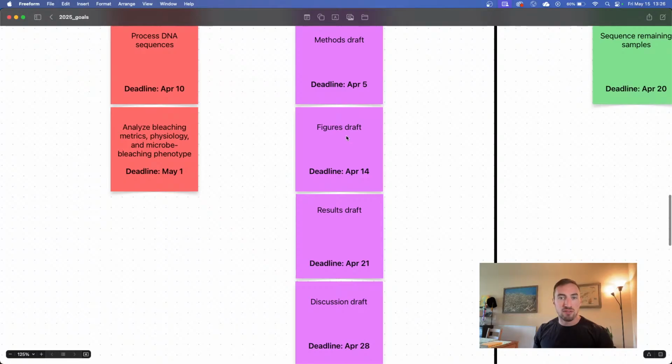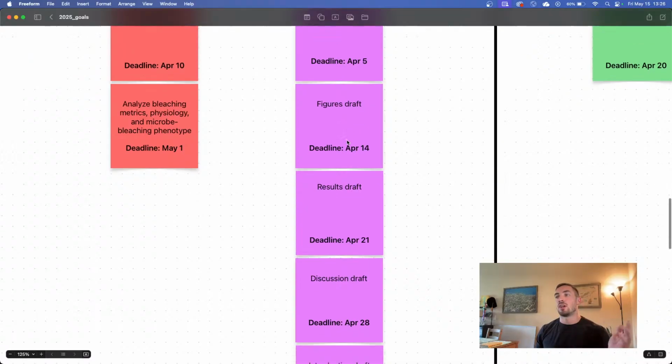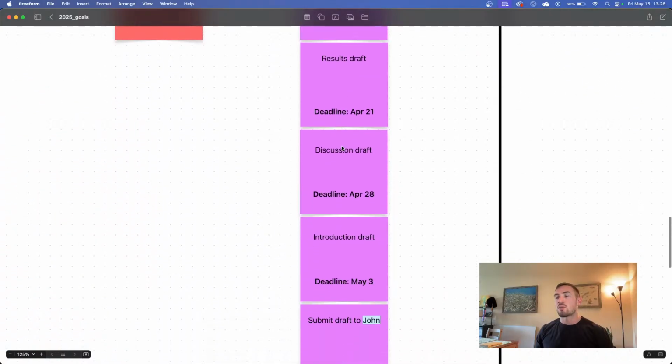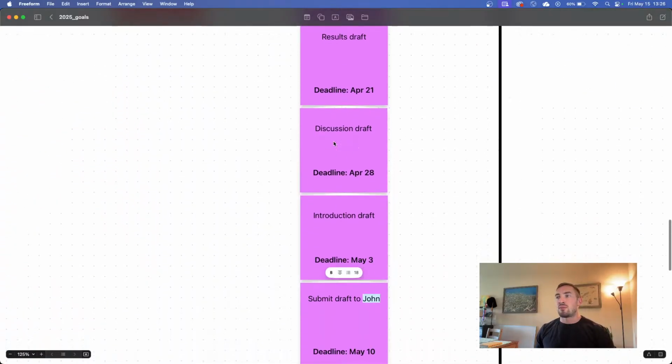Then you'll probably have your figures. You'll get your data after you process everything, you'll run the analyses, and you'll have to create figures, write the results associated with those figures, and then probably a discussion based on your results.